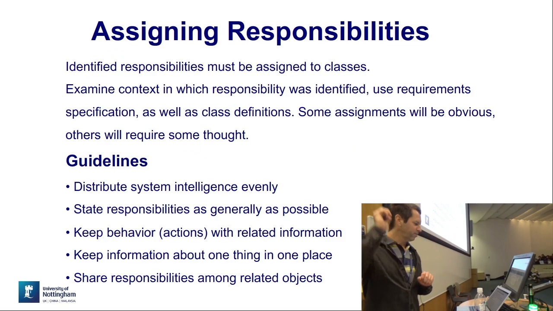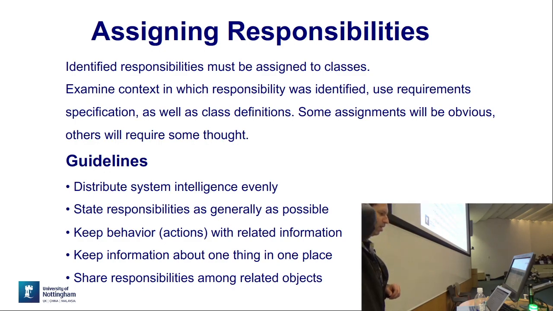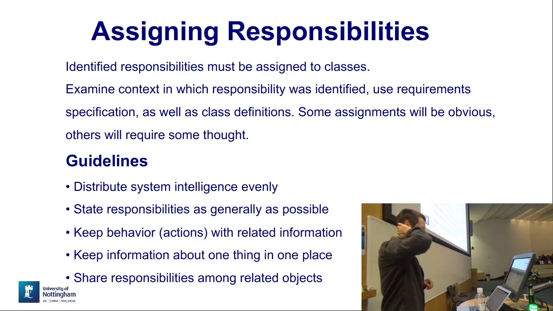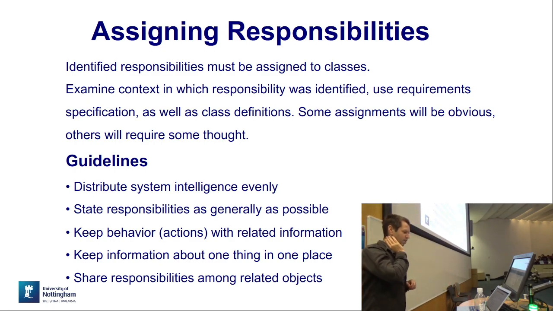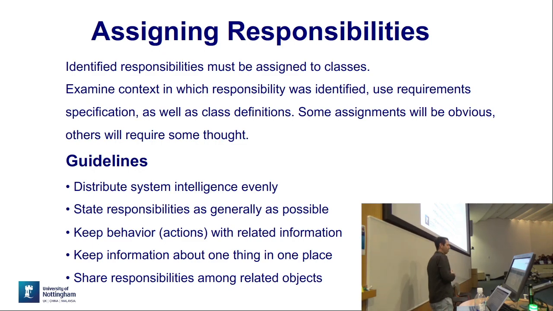So once we've identified the responsibilities, we assign them to classes, examining context, each responsibility, the use case requirements, and class definitions. So we start putting those responsibilities in their classes, and we have to figure out some ways to do that.